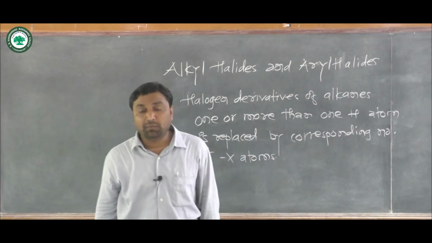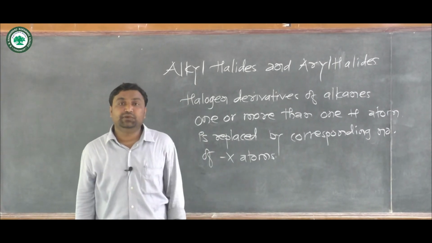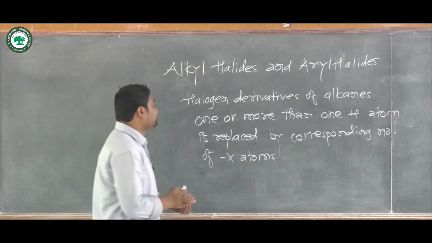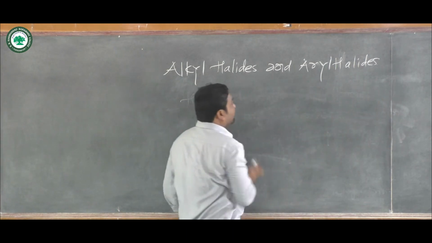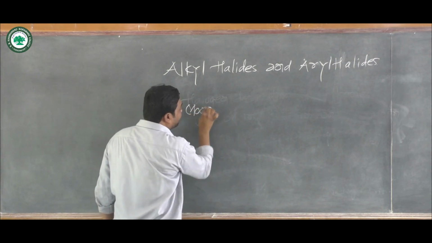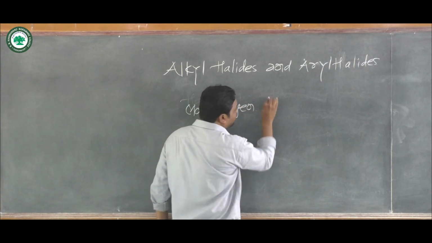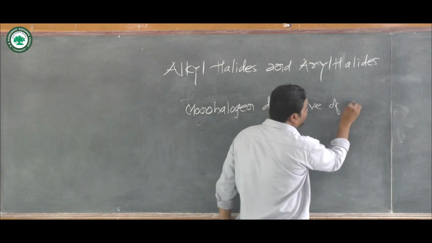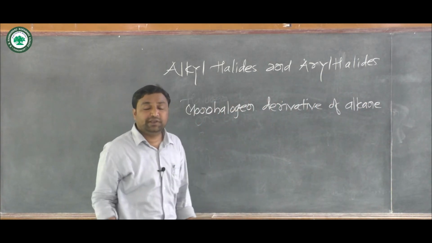Depending upon the number of halogen atoms replaced, these halogen derivatives of alkanes are classified into two types: monohalogen derivatives of alkane and polyhalogen derivatives of alkane.